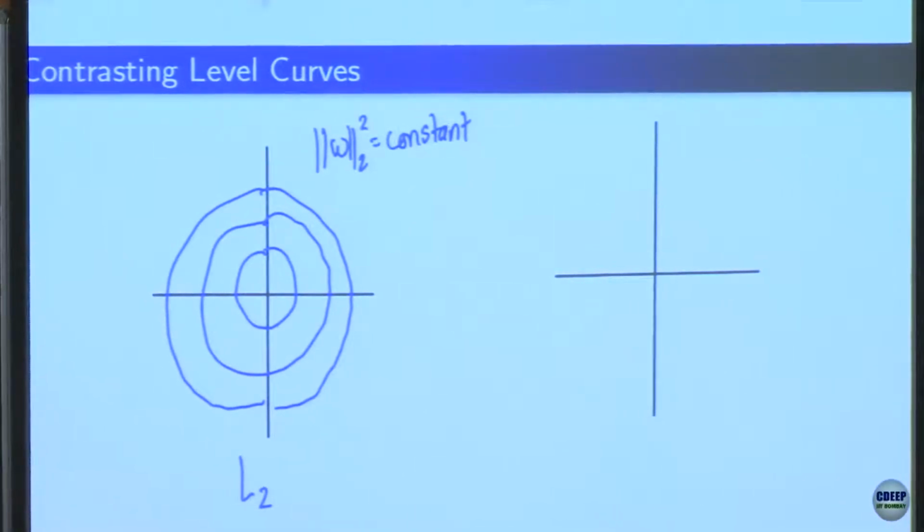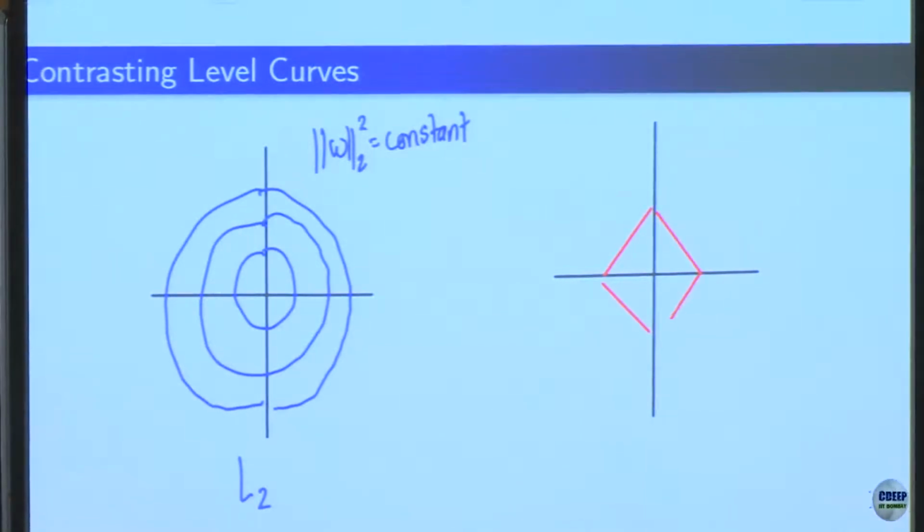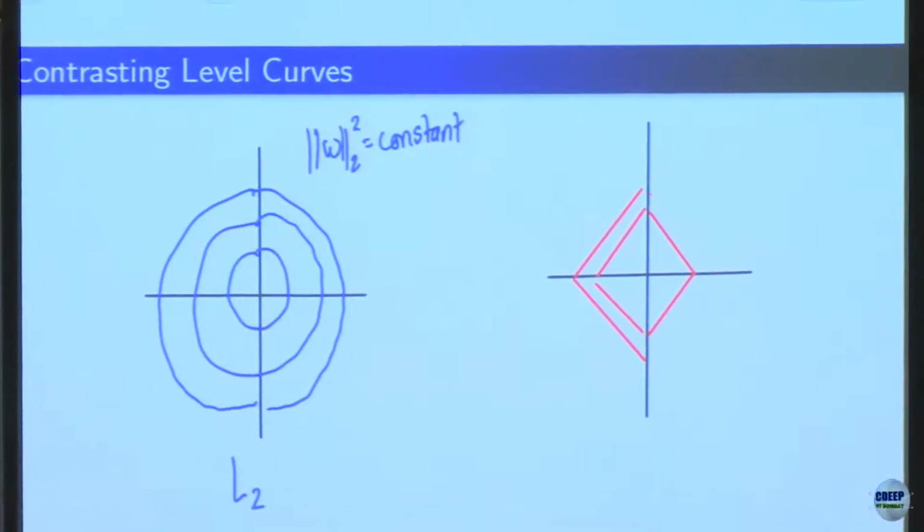On the other hand, the level curves associated with L1 turn out to be of this form. They are basically squares, but with their corners on the coordinate axis.